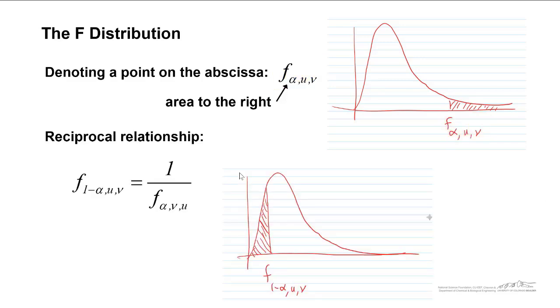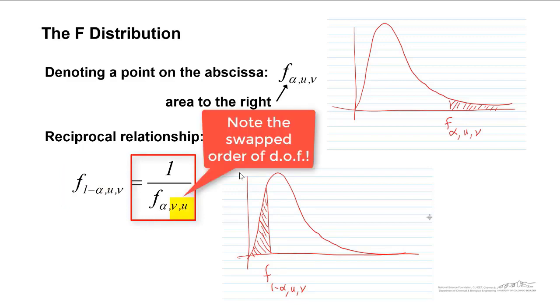If we wanted to denote the F value having alpha to the left, that's F of 1 minus alpha with U, numerator degrees of freedom, and nu, denominator degrees of freedom. And just because of the nature of the mathematics behind the F distribution, this is also equal to 1 over F alpha of nu, comma U. You notice here that we have switched the order of the numerator and denominator degrees of freedom.